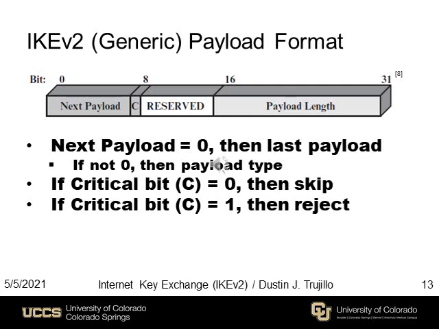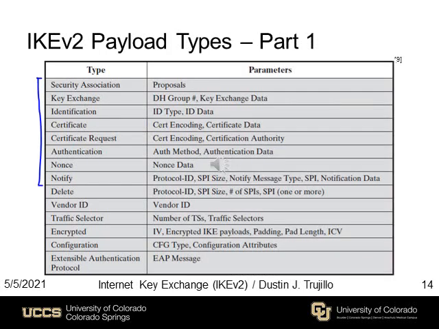Furthermore, the critical bit is 0 if the sender wants the recipient to skip this payload if it does not understand the payload type code. Conversely, if it is set to 1, that means the sender wants the recipient to reject the entire message if it does not understand the payload type.